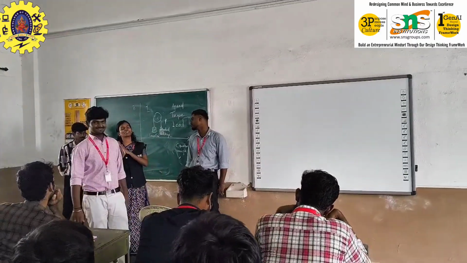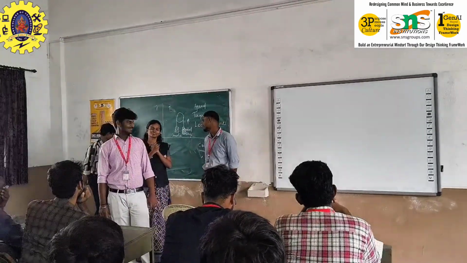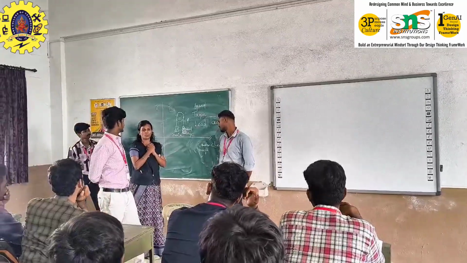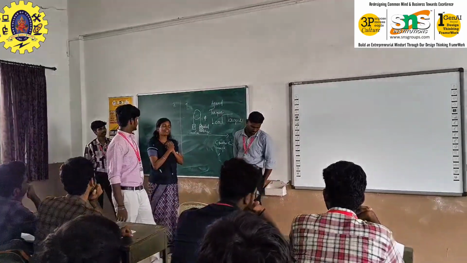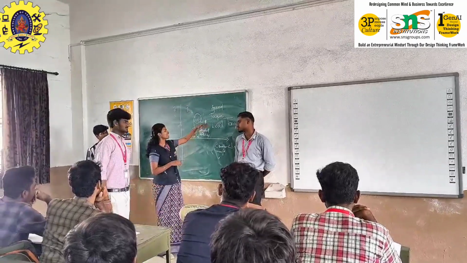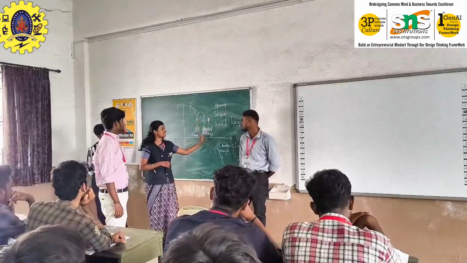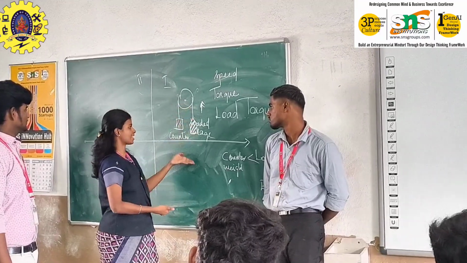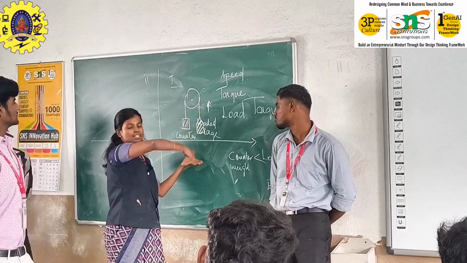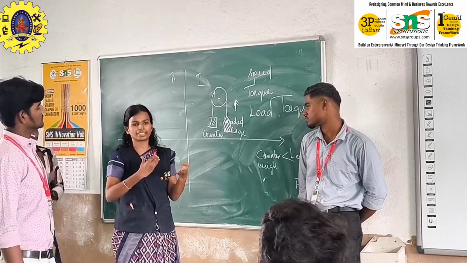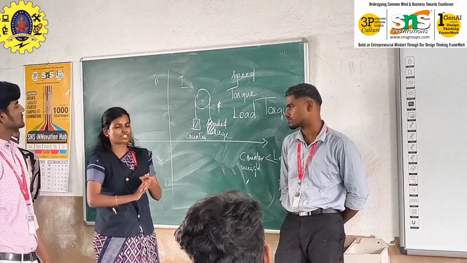And what about your torque now? Opposite. How? You're saying same direction. See, here your loaded weight is here. Normally, because of gravity, it will move in this direction. So we need to make it move in the opposite direction. What do we do?